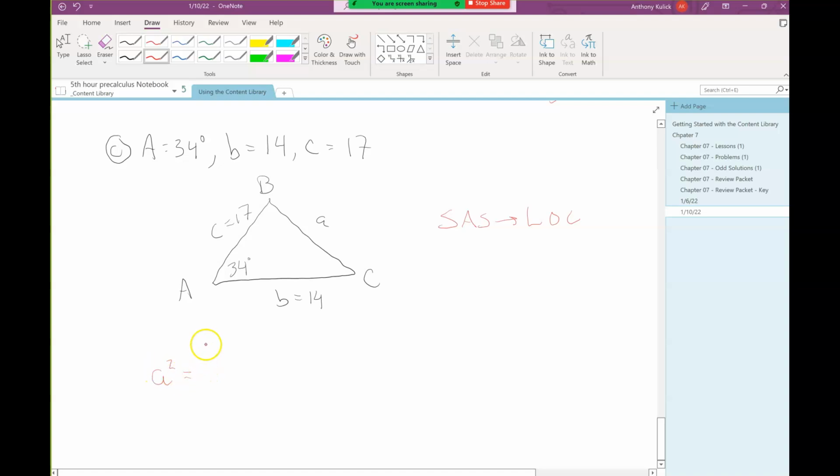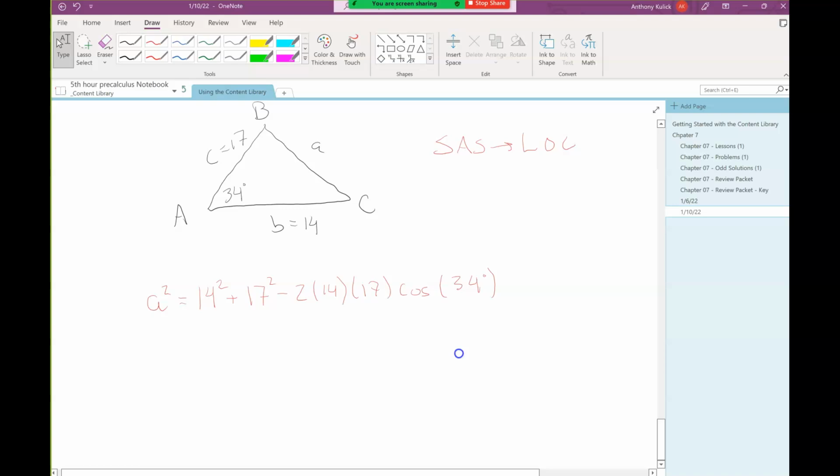So if I fill in the law of cosines, I have a squared equals b squared plus c squared minus 2 times b times c times cosine of angle A. Okay, to get side a by itself, right now I have a squared.